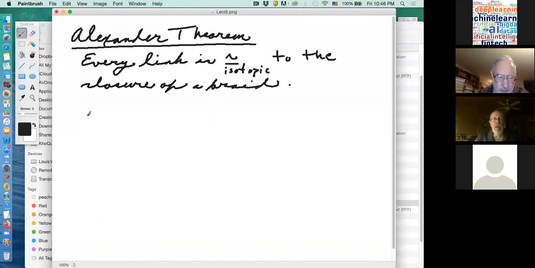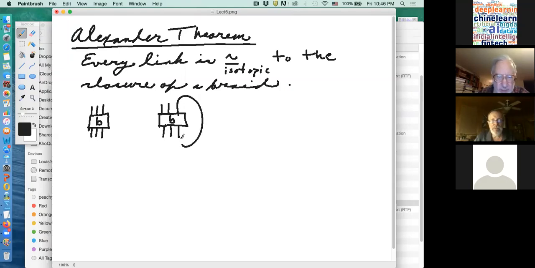So what I mean by that is the following. You have a braid here, 3 strands for our illustration, and the closure of that will be obtained. There's more than one way to close a braid, but this is the standard closure, if you like. We just do this. So you could describe this to yourself in some ways. One way would be that you take the strand and just close it up by doing this circular process.